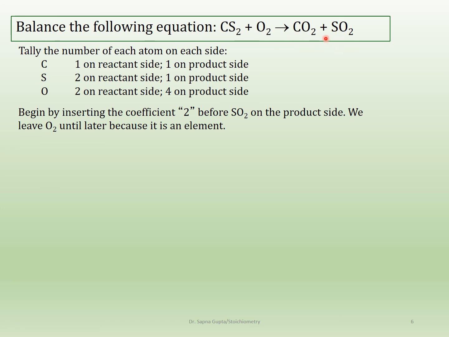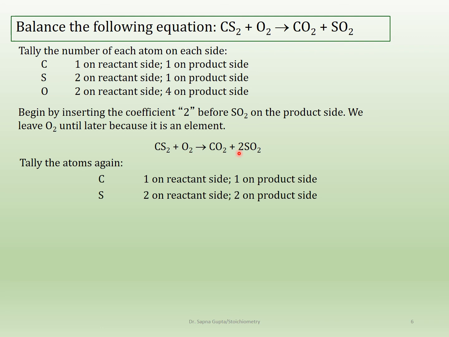But if you change the number of sulfur here, it will affect the left hand side also. So leave the elements by themselves and do the compounds first, and you can choose whatever you want. Carbon is 1 on the left hand side, so you need not start from carbon. You start with sulfur because sulfur is 2 on the left hand side and only 1 on the right hand side. So go ahead and insert a coefficient in front of sulfur.